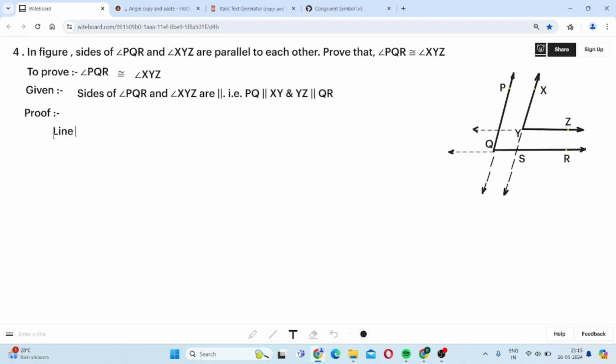Line YZ is parallel to line QR, where XY is a transversal.